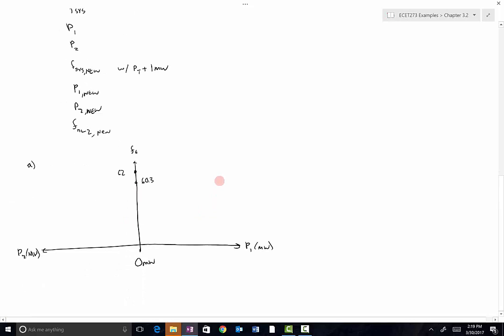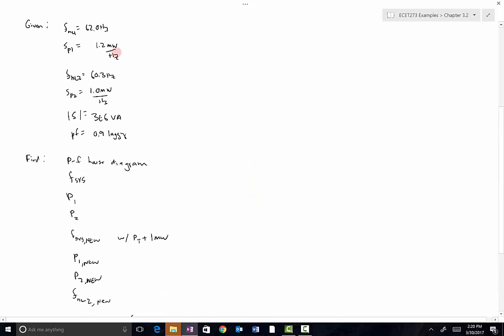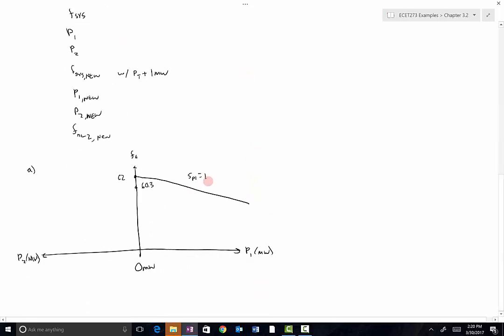So the slope's going to look like that. That's SP1, since it's associated with power plant 1. So that's 1.2 megawatt per hertz. And then we've got another plot that goes in this direction, and that's SP2. And that was 1 megawatt per hertz.